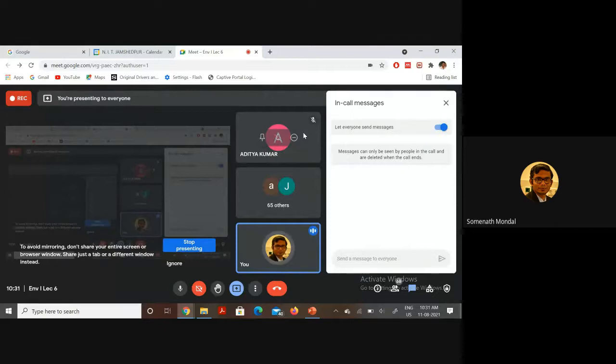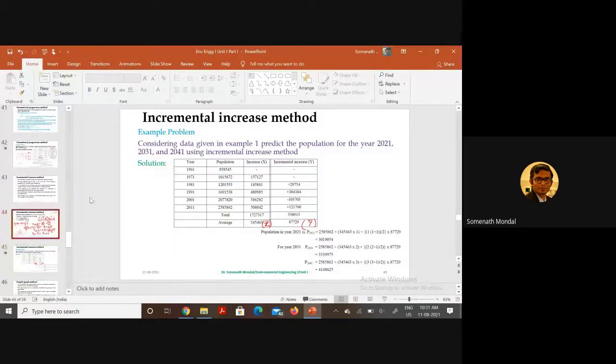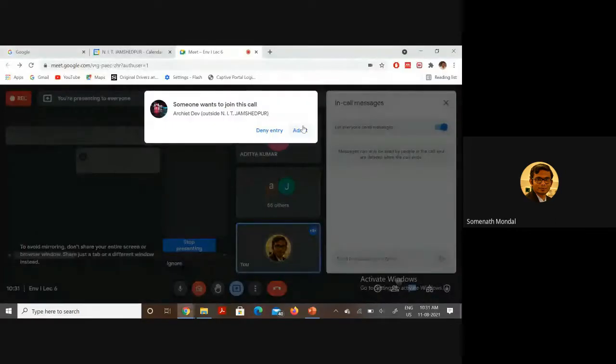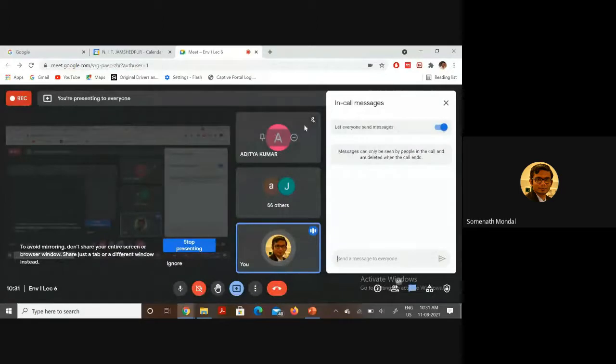You can take that particular formula which I just discussed. This particular formula you can use, Pn equals P plus Nx plus N into (N plus 1) by 2 into Y. So you can use that, and you will be able to get it. So please let me know what is the value of X bar and Y bar.